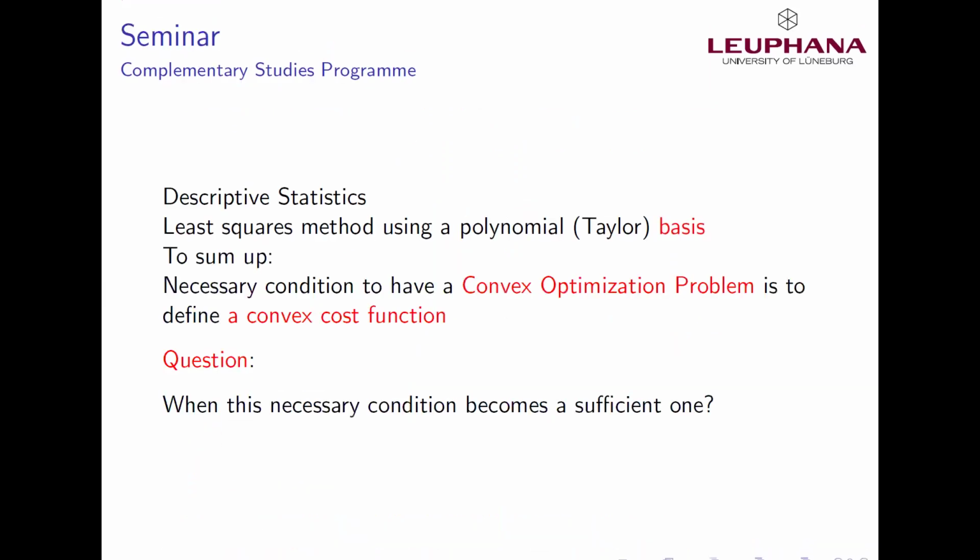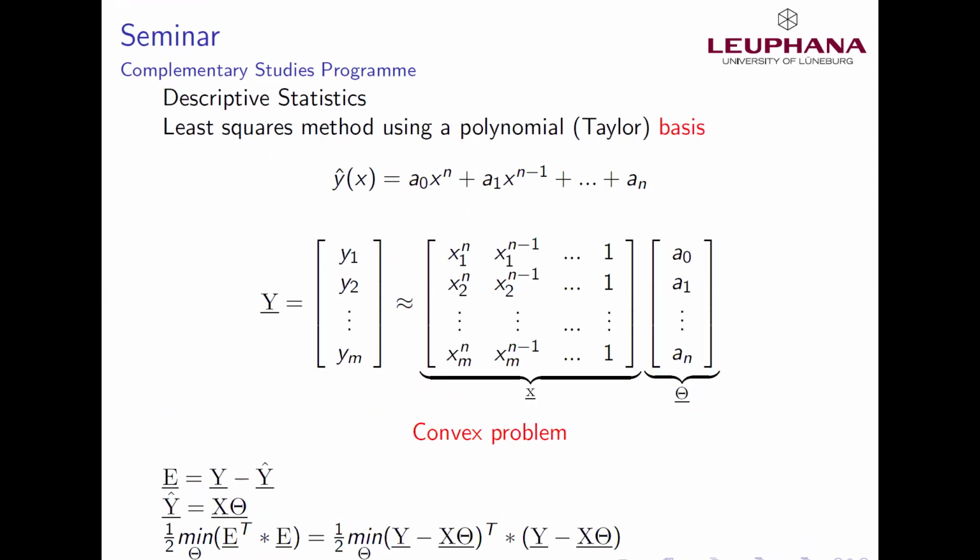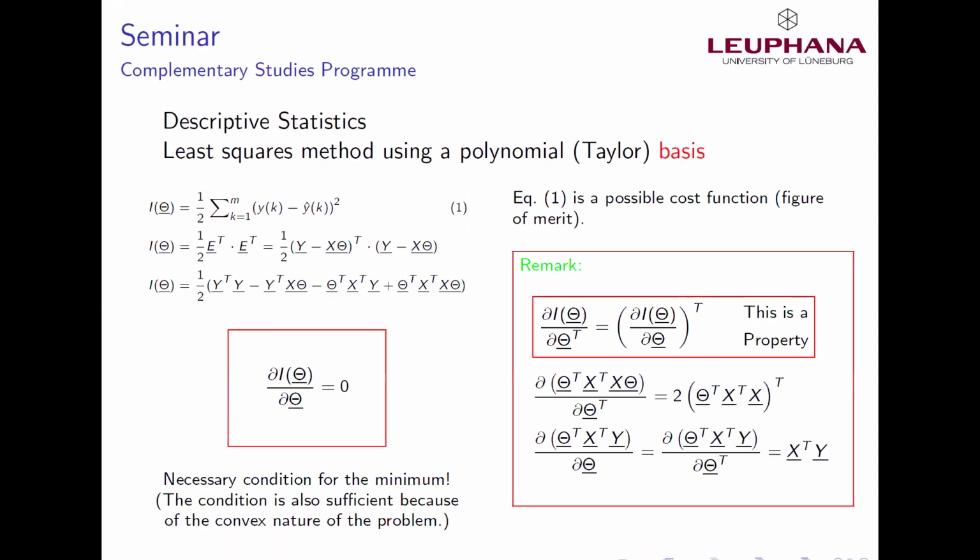Why doesn't it work? Here, do you remember, if I am considering this cost function, the sum of the error squares, this was the goal of the topic, I told you last time that we can find the solution. I don't want to repeat this boring calculation because the question was a little bit more conceptual.